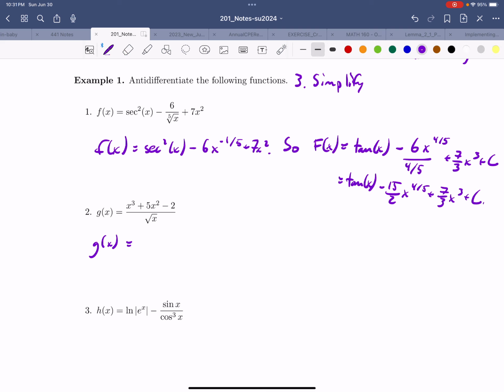G of x equals, and then we've got x to the 2.5 plus 5x to the 1.5 minus 2x to the -0.5. You can also write them as fractions if you want.